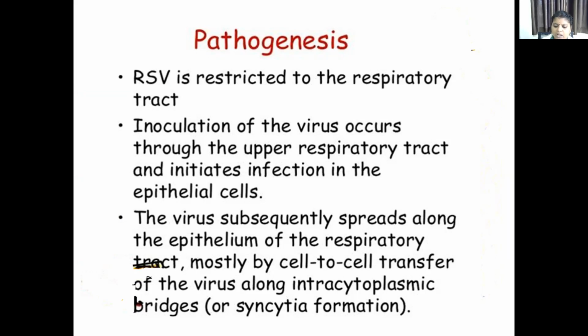It is nothing but a primary viremia. From the blood, it reaches the reticuloendothelial cells. After local multiplication, it spreads locally from cell to cell, thereby causing the syncytium or multinucleated giant cells.